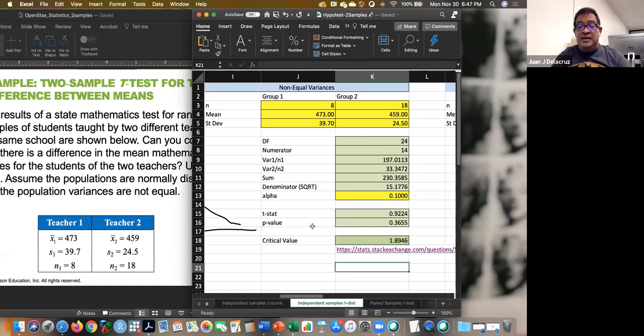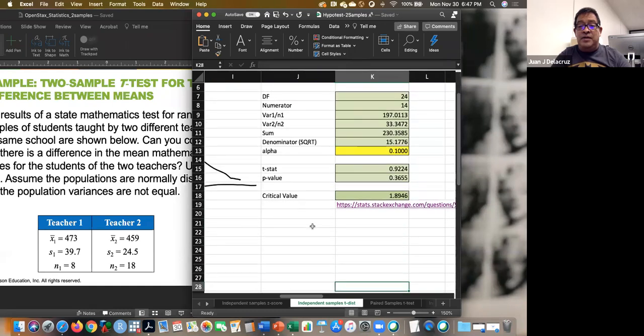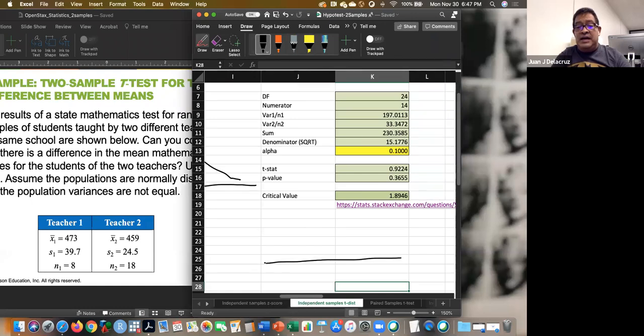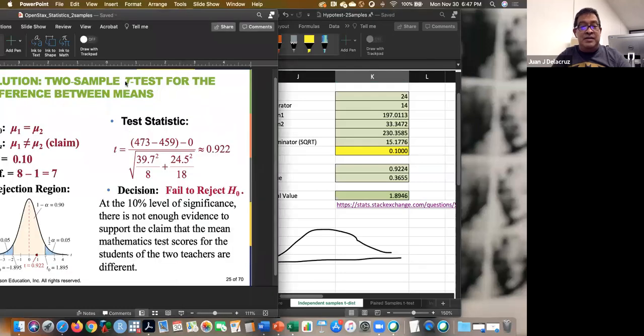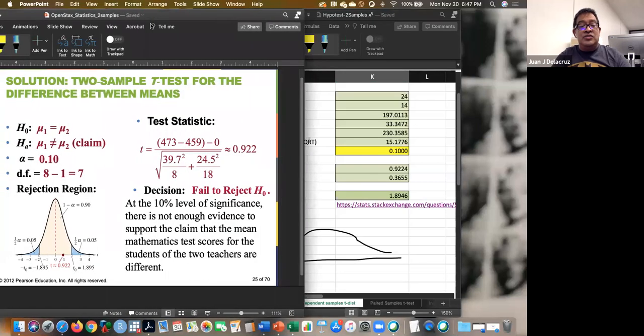So let me navigate a little bit to the bottom. So we have our T statistic, right? Because this is a two-tail test, let me show you, I probably didn't make the case very clear. So the claim is that the mu's are not equal.